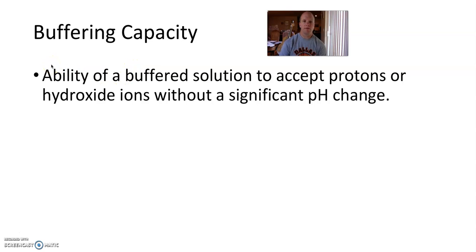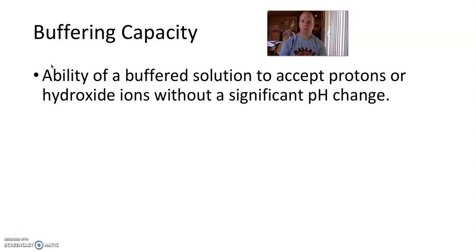So when we talk about buffers, we also have buffering capacity. That's the ability of a buffered solution to accept protons or hydroxide ions without significant pH change. You can always overload a buffer system by adding lots of acid or lots of base, and that can change things quickly.